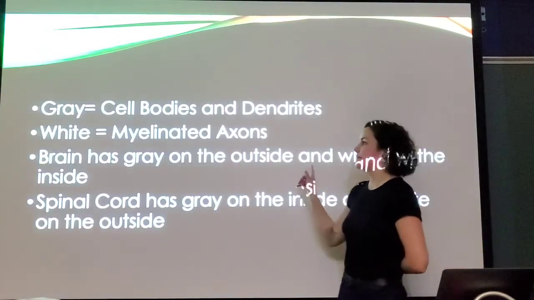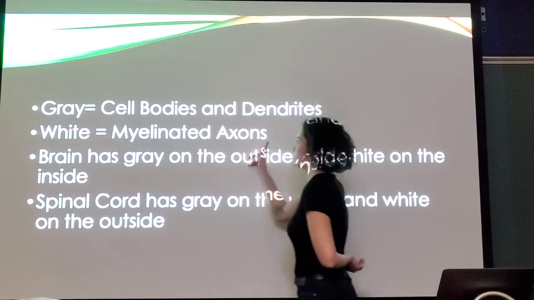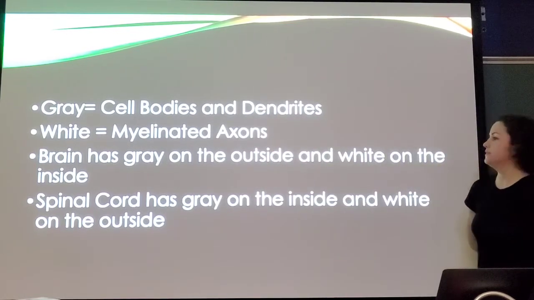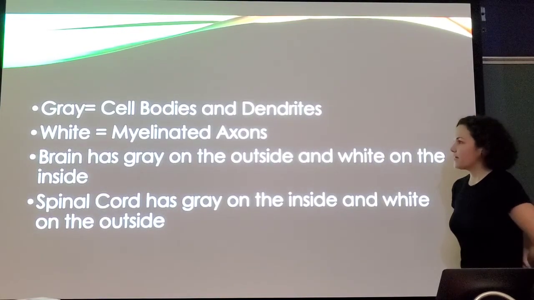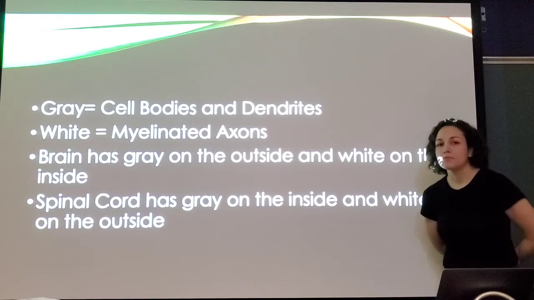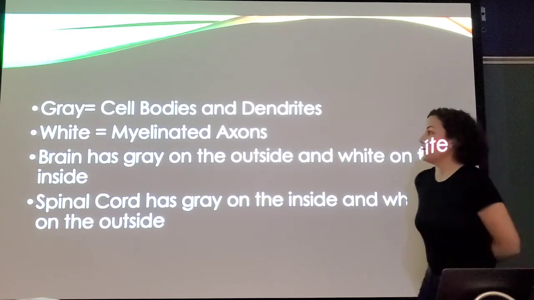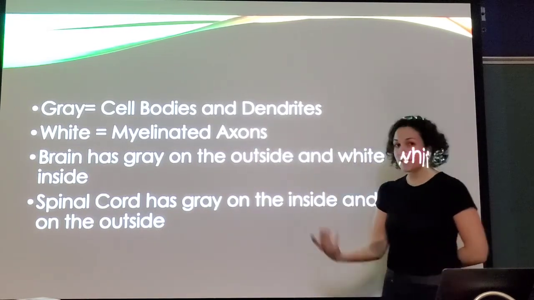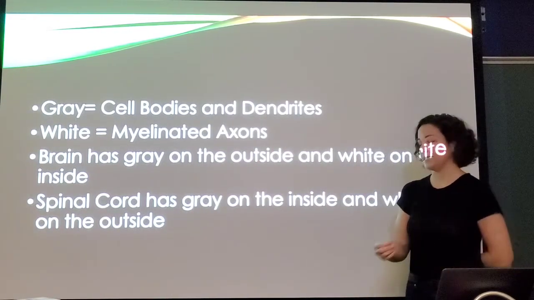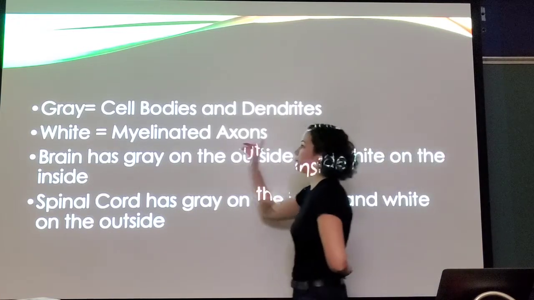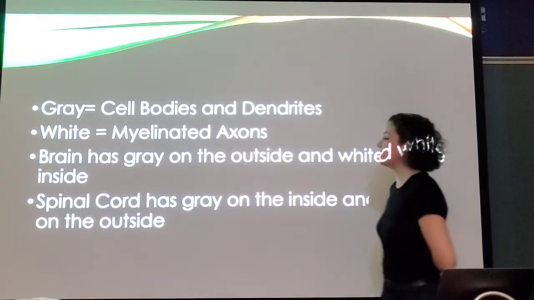White matter is made of myelinated axons, all right? Gray matter appears gray because it doesn't have insulation. White matter is white because it does have insulation. It gets that insulation from those myelinated axons, all right?